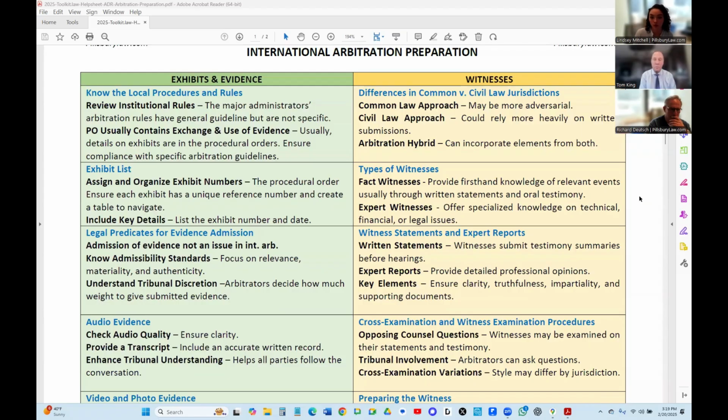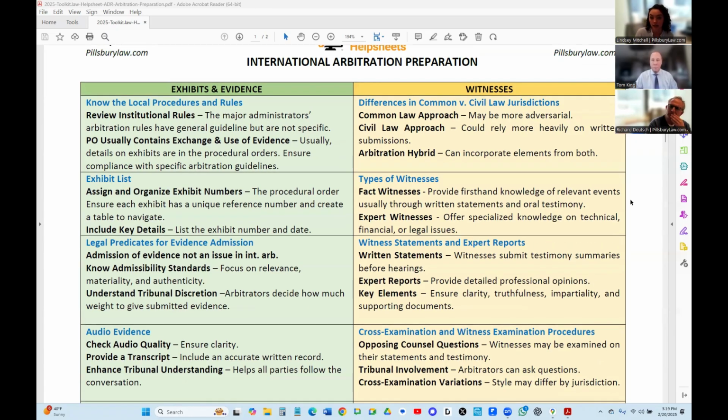So one important thing to think about is that in international arbitration, because you're often crossing jurisdictional boundaries, you may have a case that comes from the civil law tradition versus the common law tradition. And there are interesting differences in how witnesses are treated in those different jurisdictions.